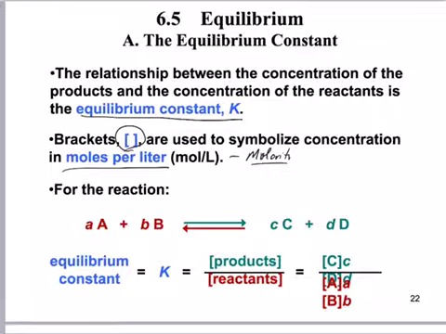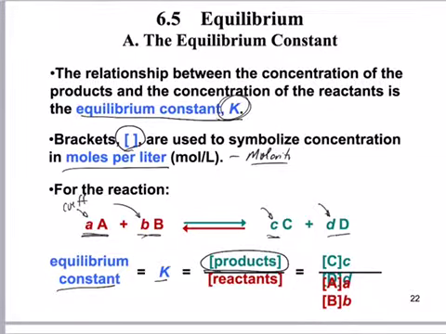And for any equilibrium reaction, we have a general format for our equilibrium constant. So for aA plus bB goes to cC and dD, where these are the coefficients of our balanced chemical reaction, the equilibrium constant, K, is given as the concentration of the products over the concentration of the reactants.